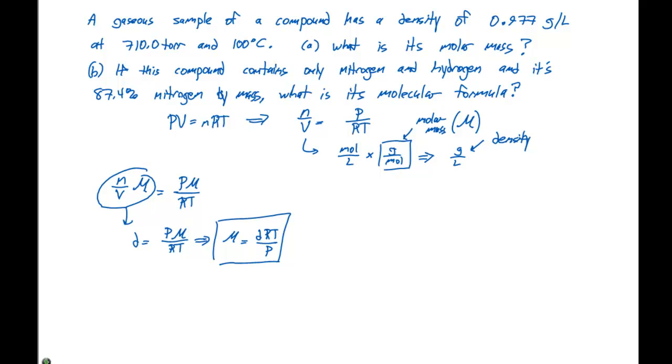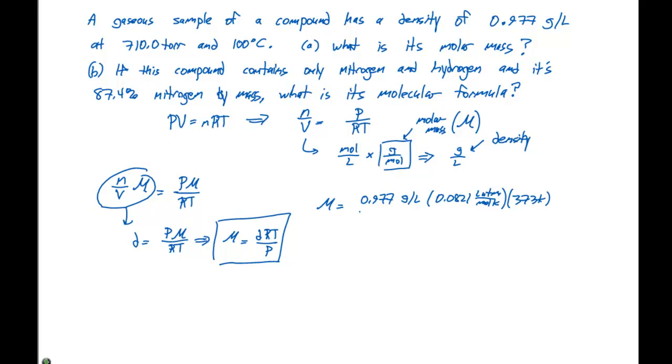For this particular case, the first part of the question asks, what's the molar mass? The molar mass can be represented in terms of the density, the temperature, and the pressure, if we know our gas constant. So our molar mass is equal to the density, which is 0.977 grams per liter, times R, which is 0.0821 liter atmospheres per mole Kelvin, times the temperature, which is 100 degrees Celsius, or 373 Kelvin.